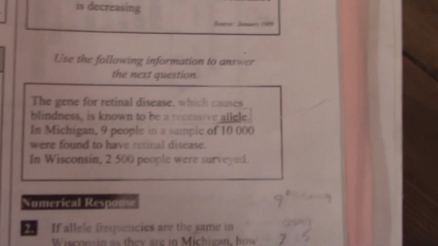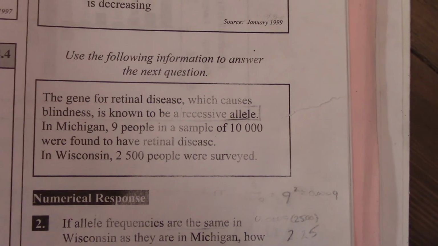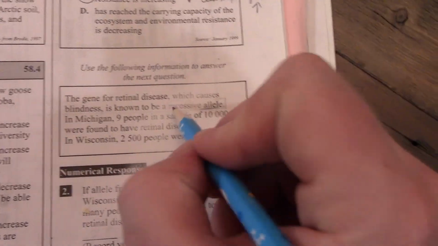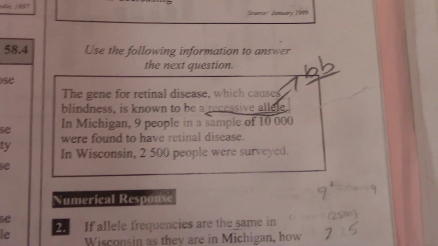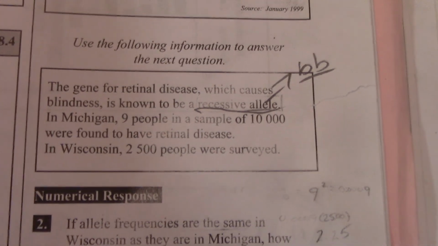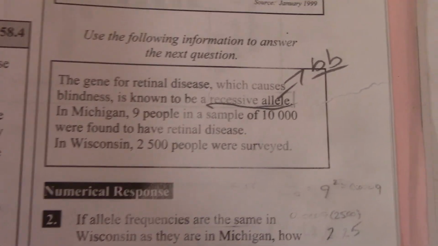So this says the gene for retinal disease, which causes blindness, is known to be a recessive allele. Okay, so let's use B here. Little b, little b. You have to be homozygous recessive in order to be blind in this case. In Michigan, 9 people in a sample of 10,000 were found to have retinal disease. In Wisconsin, 2,500 people were surveyed.